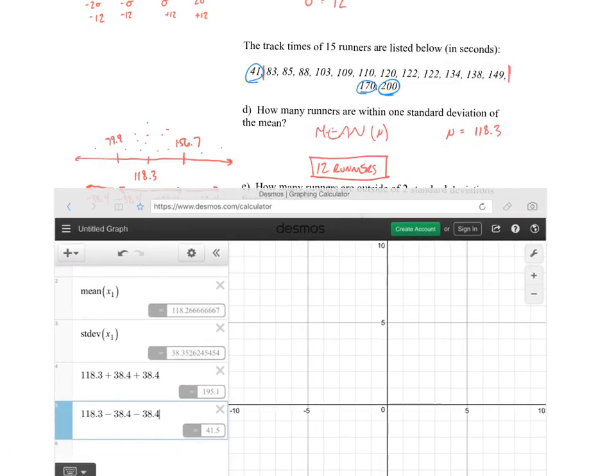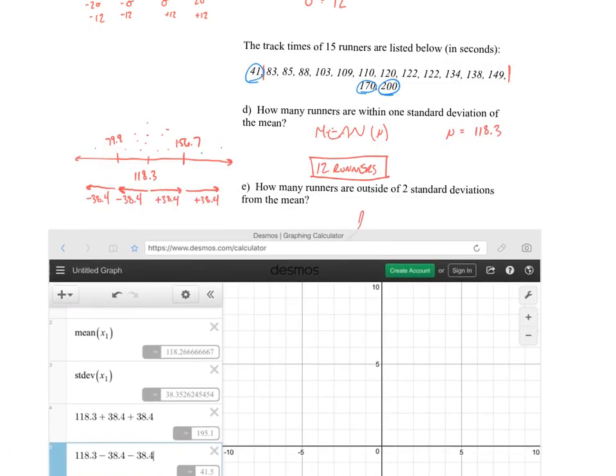So over here is 41.5, and over here will be 195.1.